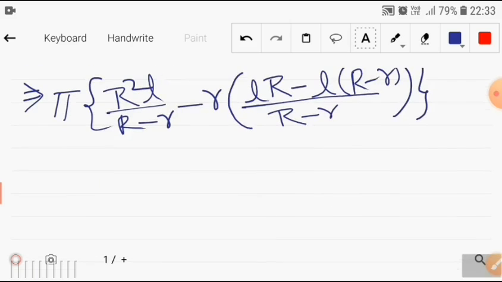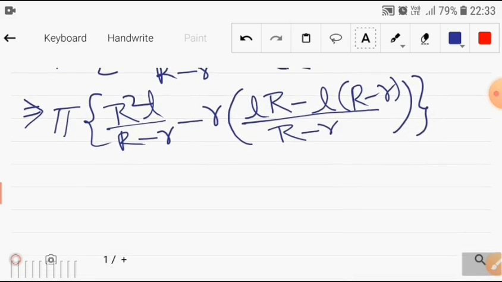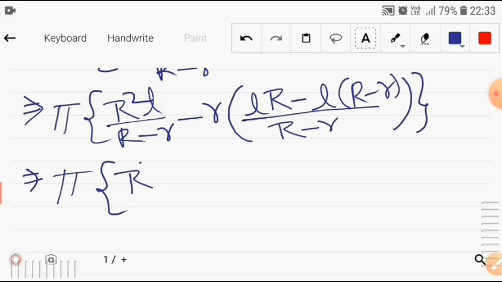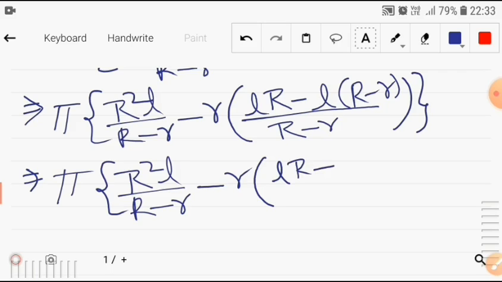In the next line, pi, R square l by R minus r, minus r. l R minus l multiplied by R is l R again, minus l minus r is plus l r, by R minus r.